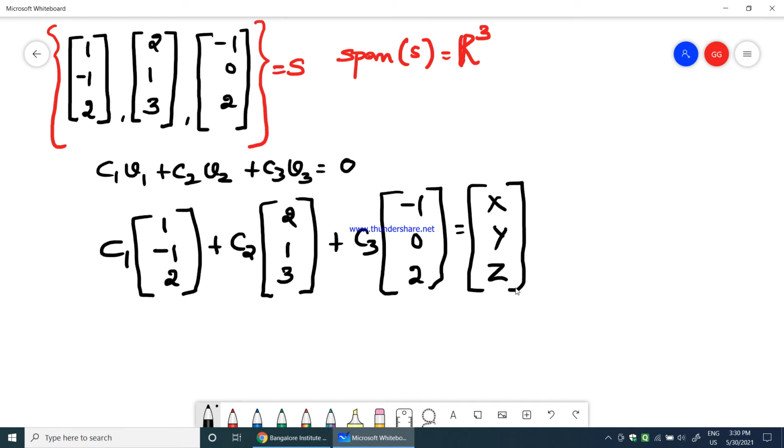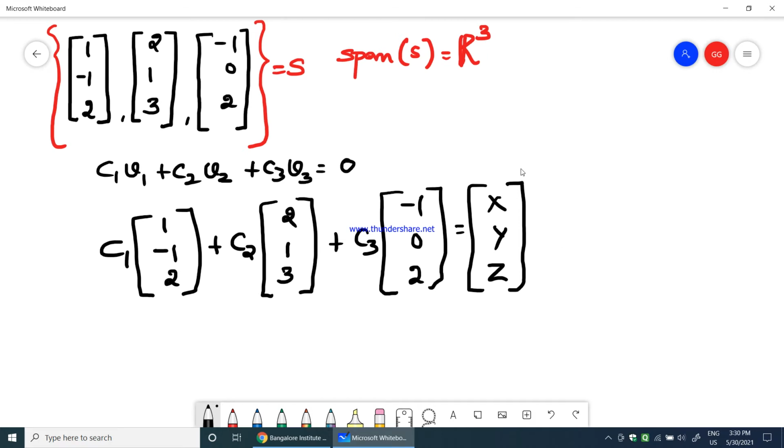If you are able to derive a condition where the values of C1, C2, C3 are completely dependent on X, Y and Z, and if you assume the values of X, Y and Z, then you will be able to find the values of C1, C2, C3. Applying those values, the vector you get would be XYZ, a vector obtained by the combination of these 3 vectors.